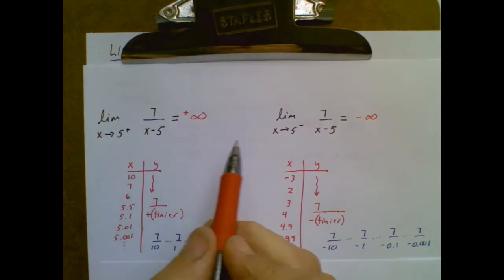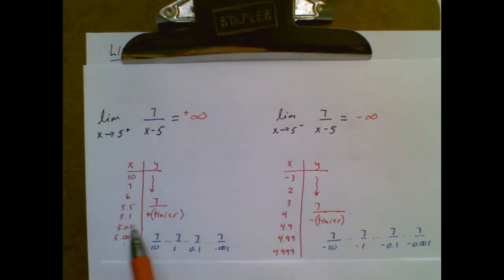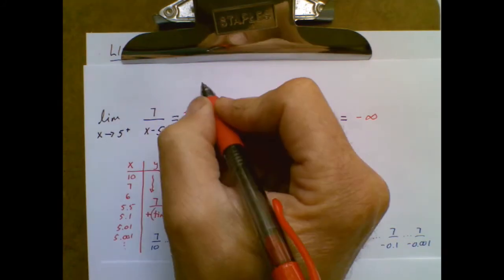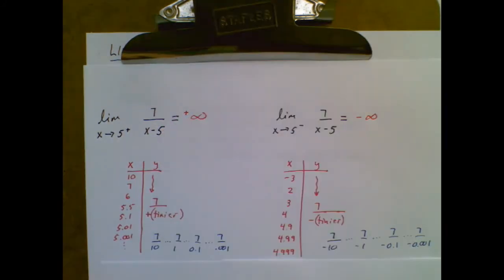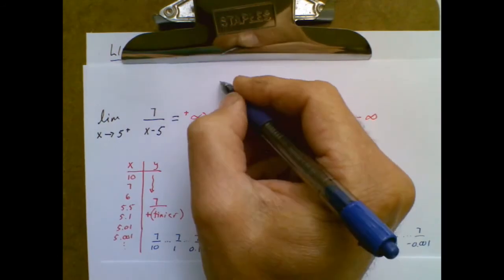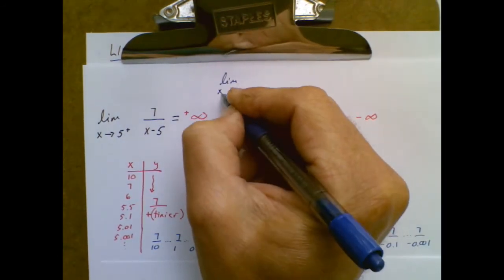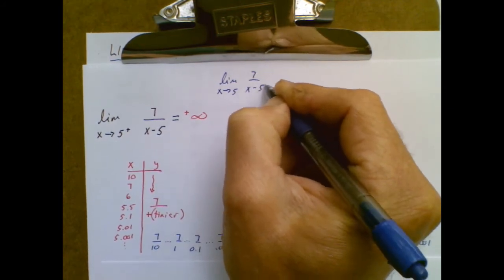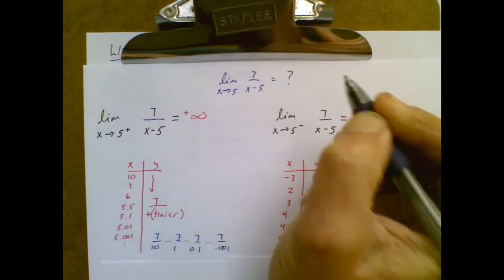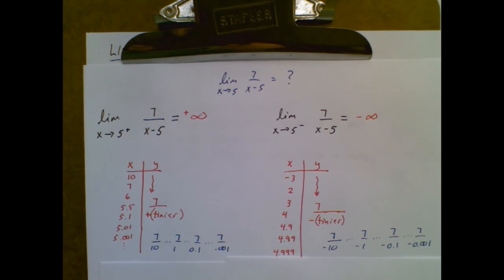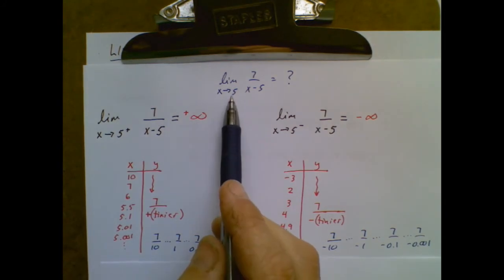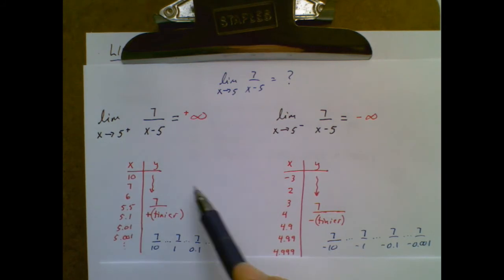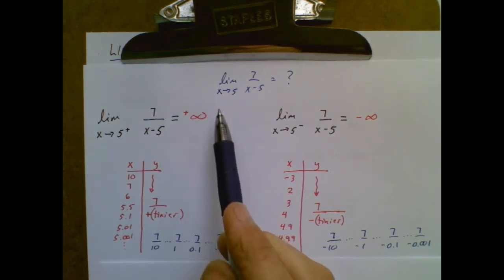I've looked at the right-hand limit, I've looked at the left-hand limit, using intelligent T-charts, but just so you know, the same question could have been given to you this way. We could have said, hey, what's the limit as x approaches 5? And you would look at that and you'd say, well, what am I supposed to do for my T-chart? Should I approach from the left or the right? It doesn't tell me.